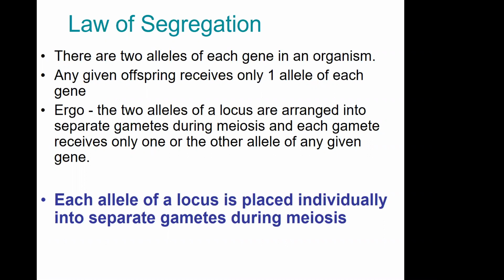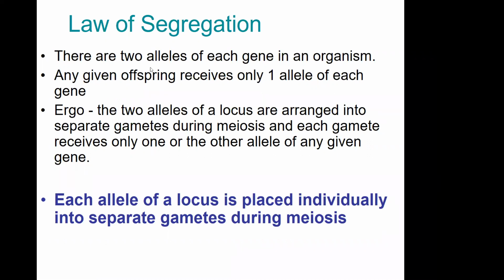For a second gene, the same thing happens. For a third gene, the same thing happens. For a fourth gene. So every gene, every locus on all the pairs of chromosomes, one chromosome is going to end up in one cell and the other chromosome is going to end up in the other gamete. So they're always going to be placed like that.